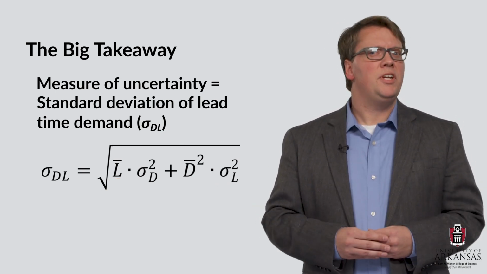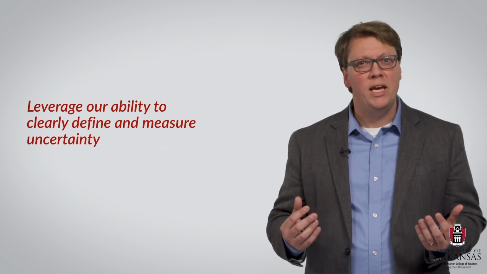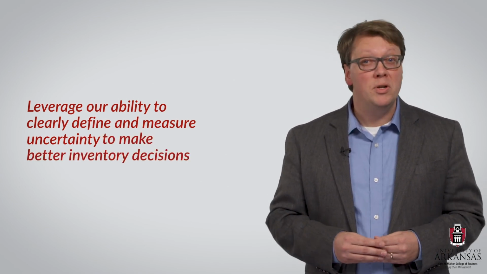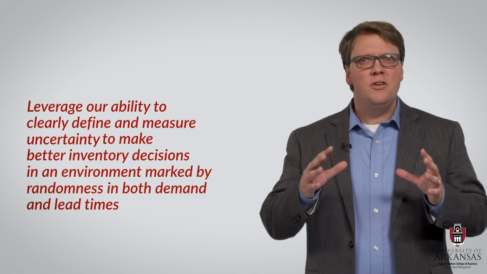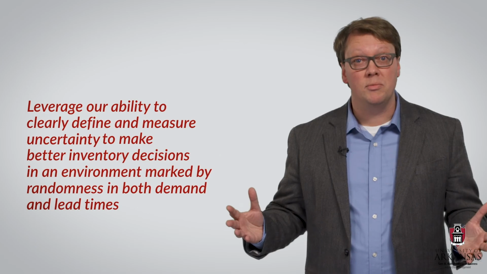In the next several video lectures, we will explore how we can leverage our ability to clearly define and measure uncertainty in a way that allows us to make better inventory decisions in an environment that is marked by randomness in both demand and lead times.